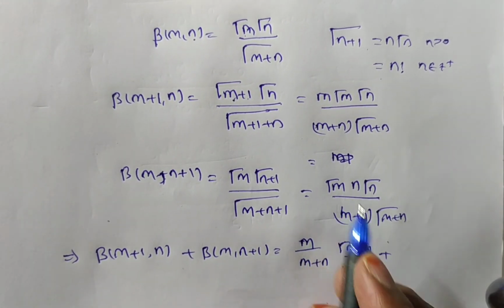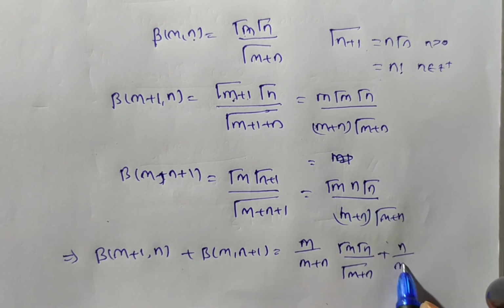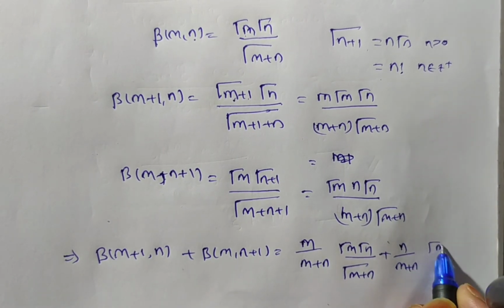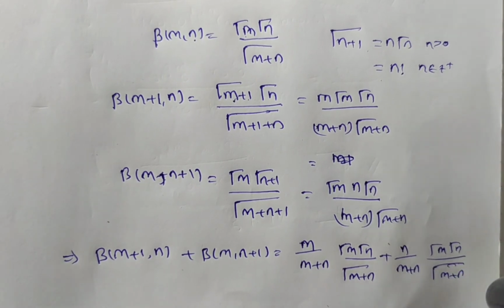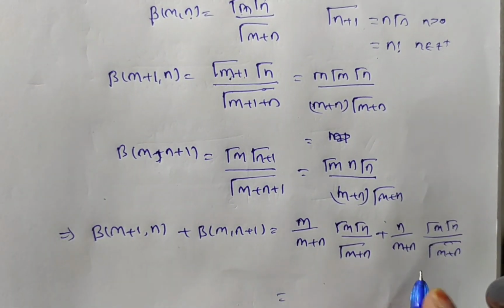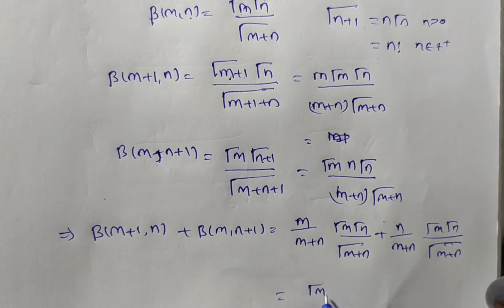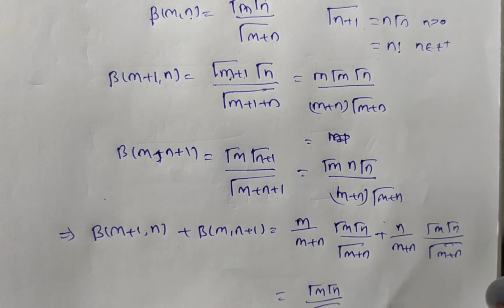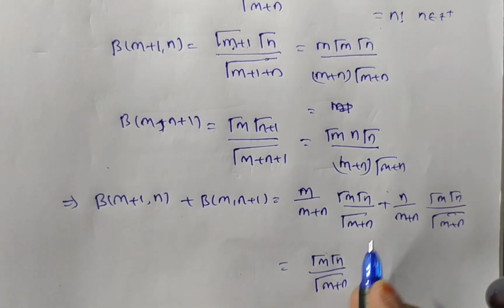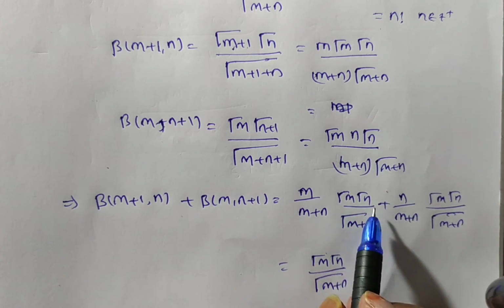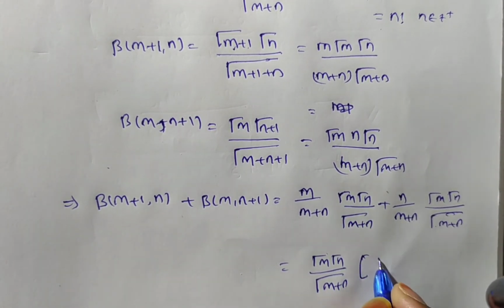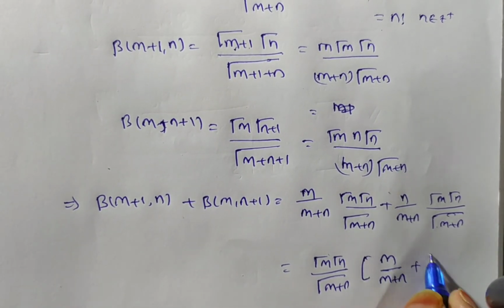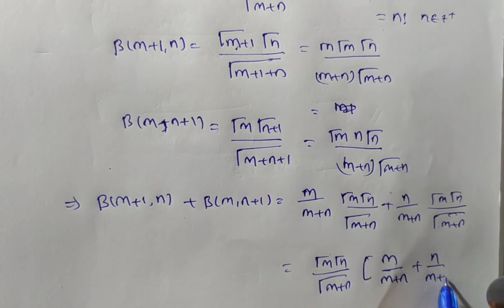Next, plus n by m plus n into gamma m gamma n by gamma of m plus n. Now from these two you can take the common term, gamma m gamma n by gamma of m plus n, in both. Then the remaining terms: in the first term you have m by m plus n, and in the second term, n by m plus n.